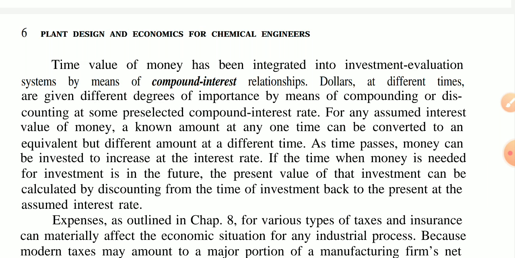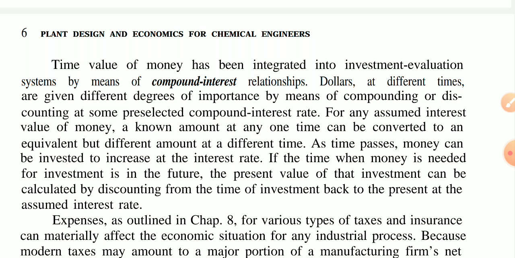by compounding or discounting at some preselected compound interest rate, for any assumed interest value of money. A known amount at any one time can be converted to an equivalent but different amount at a different time. As time passes, money can be invested to increase at the interest rate.